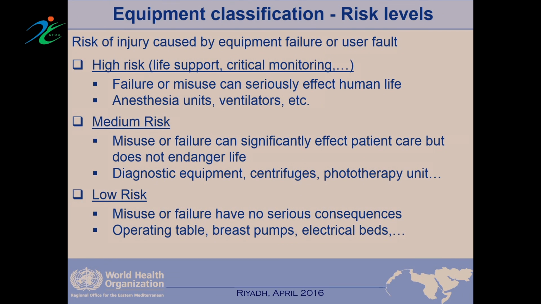Some of those criteria could be based on the risk level. There are international standards from the US, from ECRI, who have proposed risk levels in 3 categories: high, medium, and low. These levels depend on the risk of injury caused by equipment failure or user fault. With those risk levels, you can then decide on the equipment you need to manage.